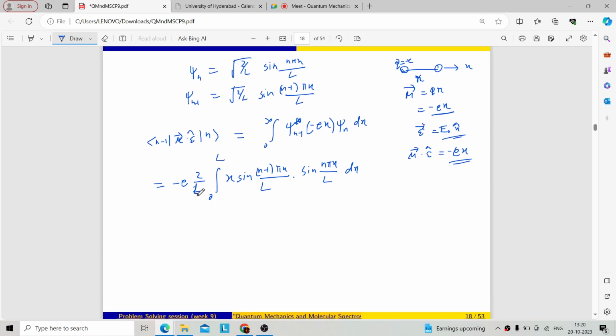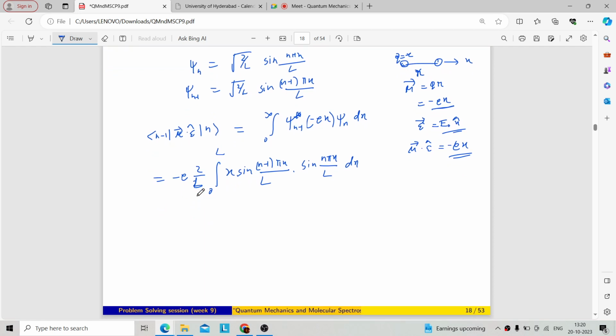Now you apply the identity sin A sin B, which gives cos (A minus B) minus cos (A plus B).